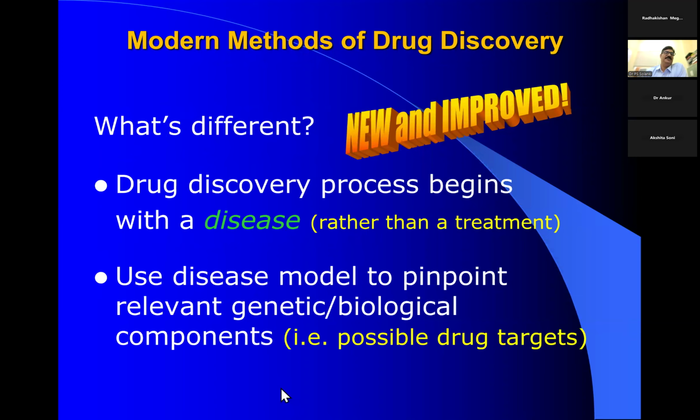So what is the difference? In the new and improved process, drug discovery begins with the disease rather than the treatment. Use a disease model to pinpoint relevant genetic or biological components that are possible drug targets.